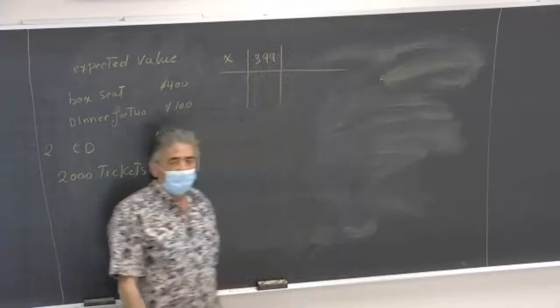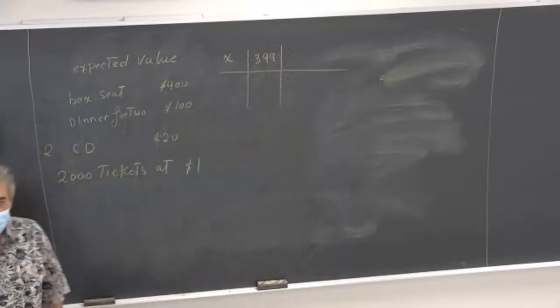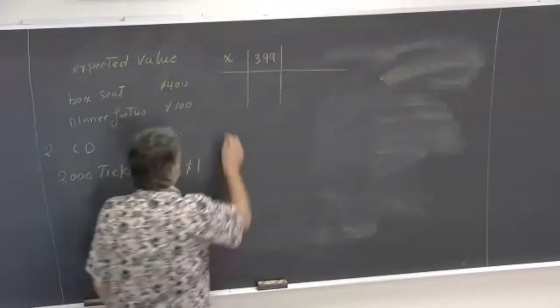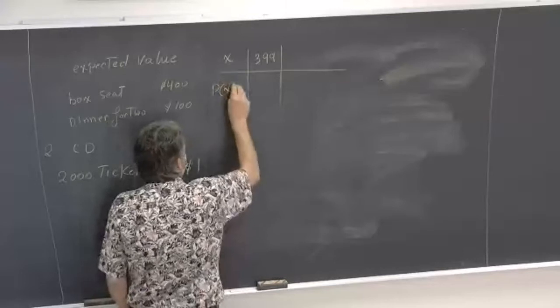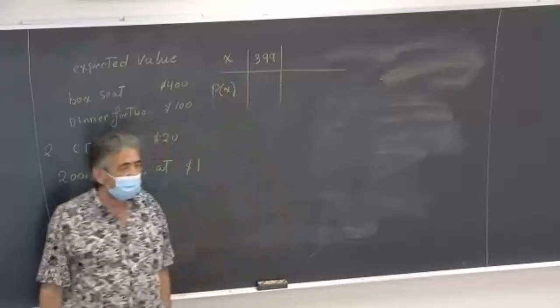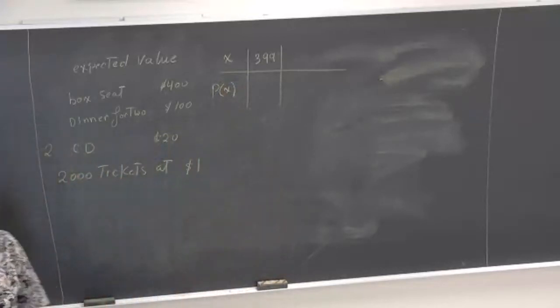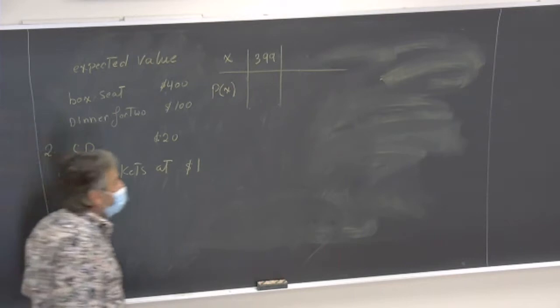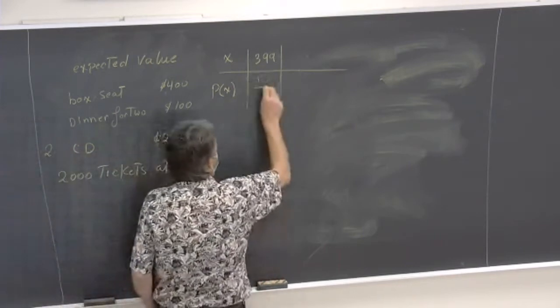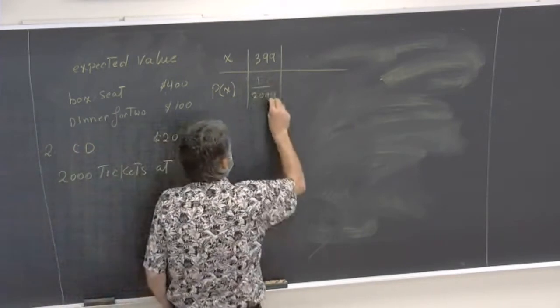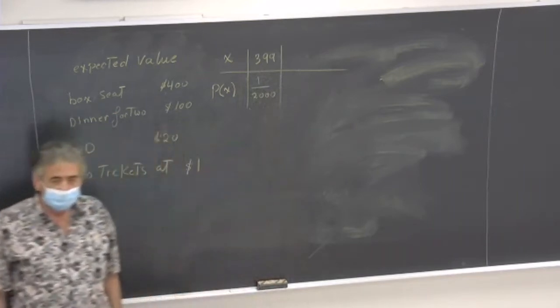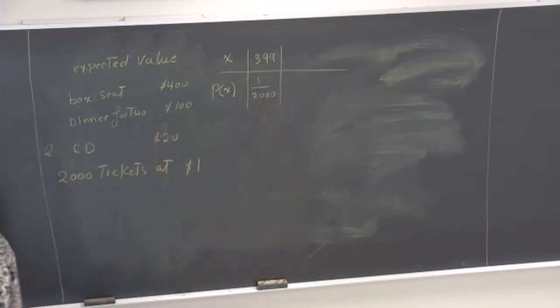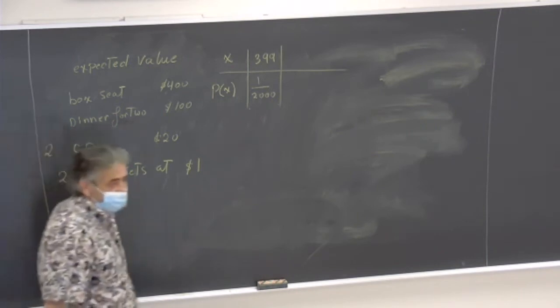You could win $399 for that ticket. What's the probability of you winning that ticket? How many tickets are there? 2,000. There is only one winning ticket, so the probability for winning that is 1 over 2,000. Okay. Dinner for two.